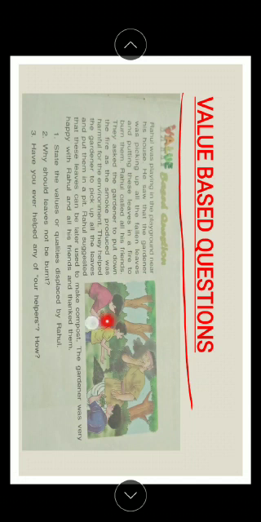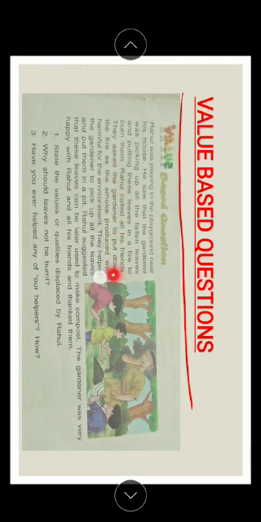So while this boy was playing in the playground, so many trees were there. So many leaves were also lying on the ground. So he saw that the gardener, this person is gardener, was collecting the leaves and putting them in fire. He was burning the leaves.